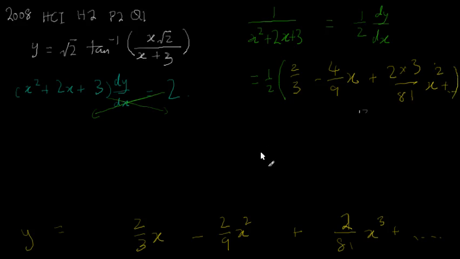Okay, almost there. So then we multiply the half into the bracket, to each term. Half times 2/3 is 1/3.